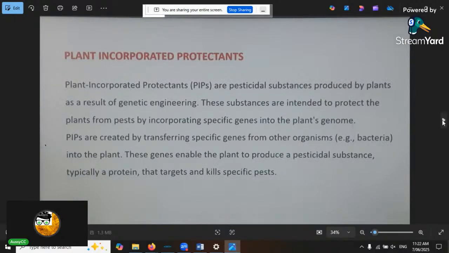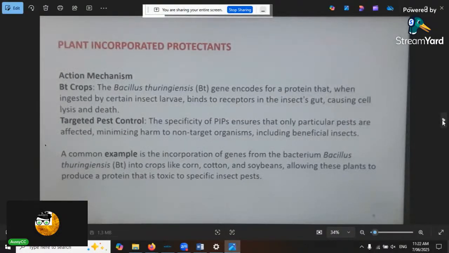Plant incorporated protections are pesticidal substances produced by plants as a result of genetic engineering. Plant incorporated protections like Bacillus thuringiensis crops. That would be BT cotton.